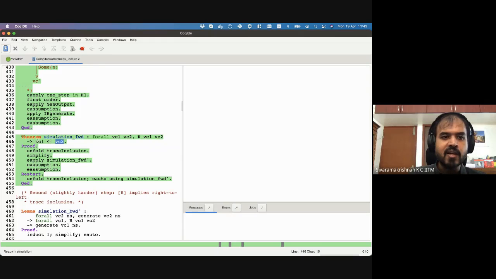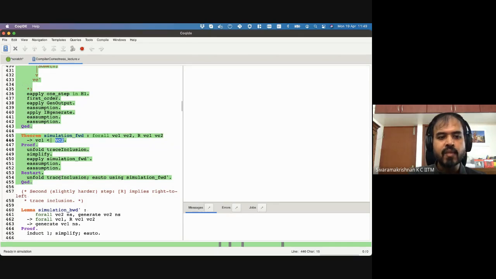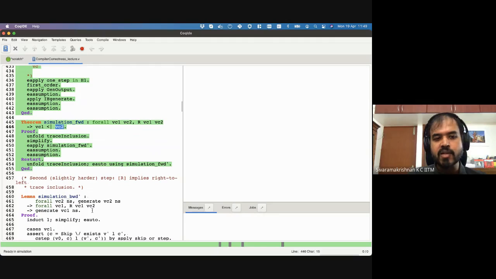We've done inclusion in one direction. The second one we are going to do is inclusion in the other direction, which is: assume that VC1 is related to VC2. If VC2 generates NS, the optimized program generates a trace NS, then that trace is also generated by the unoptimized program. So this makes sure that the traces are in fact the same.